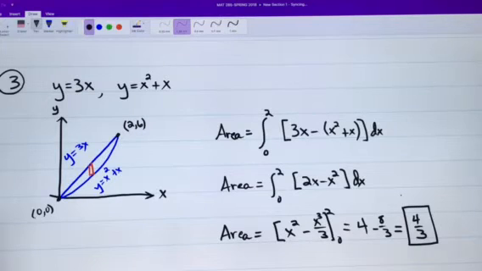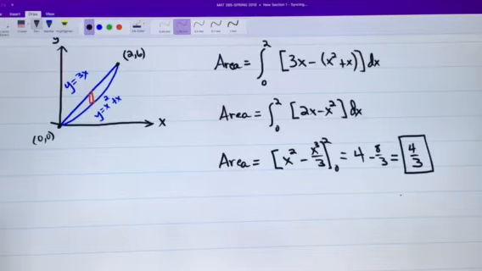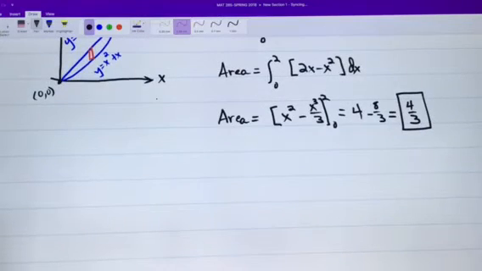Now, in terms of generating the solid about the x-axis, if you notice, except for the origin, there's no contact with the x-axis. So we're going to be looking at, in this case, the method of washers.